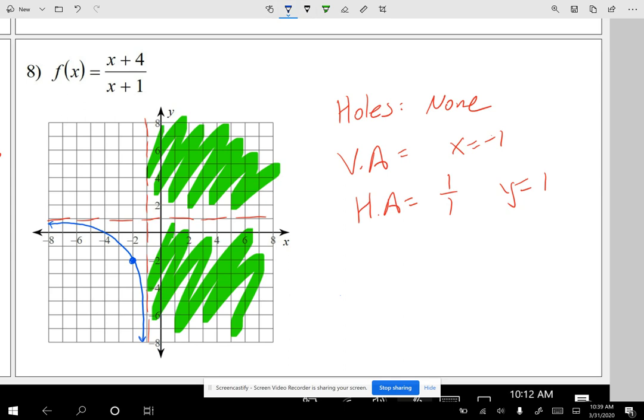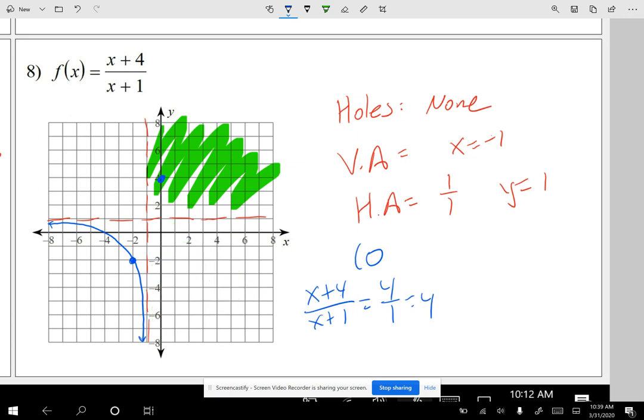A value that is easy to work with is x equals 0. Remember my equation, I have x plus 4 over x plus 1. So I'm saying x equals 0, I have 4 over 1. So I have the point 0, 4. All right, so I know my graph is in that section. So there.